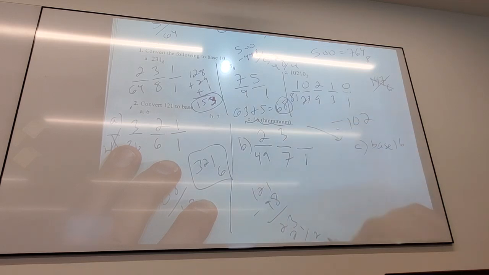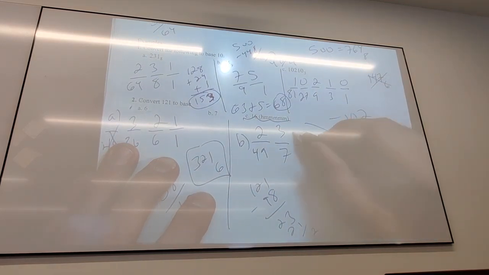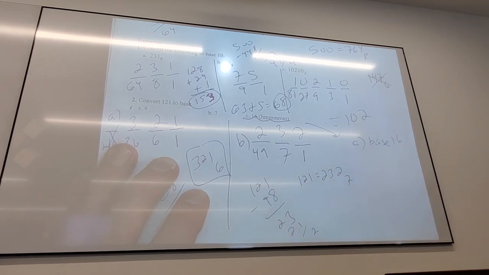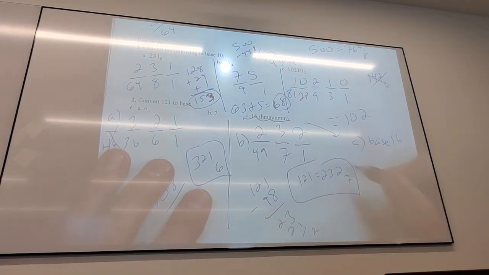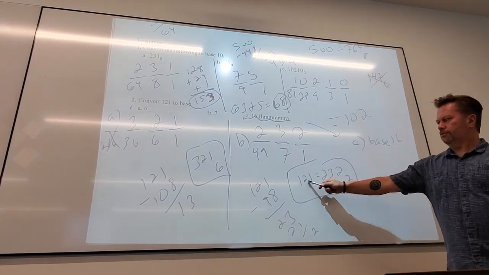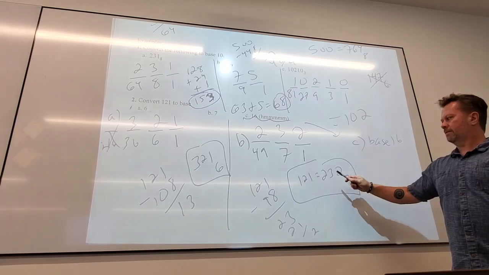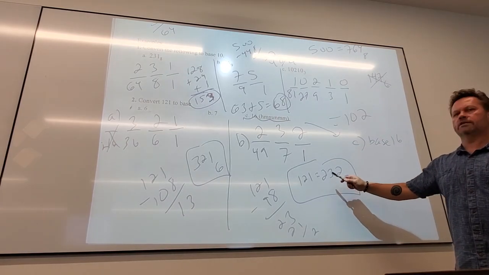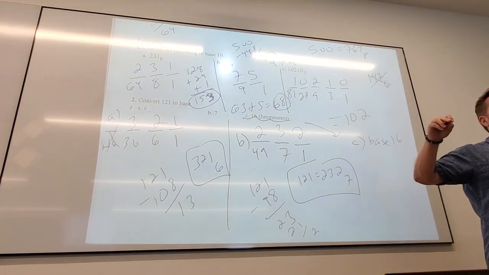Because the poor little dudes can only do so much. 2. Yeah. So 121 base 10 is 232 base 7. Or 1 plus 2 10s plus 100 is the same thing as 2 1s plus 3 7s plus 2 49s.